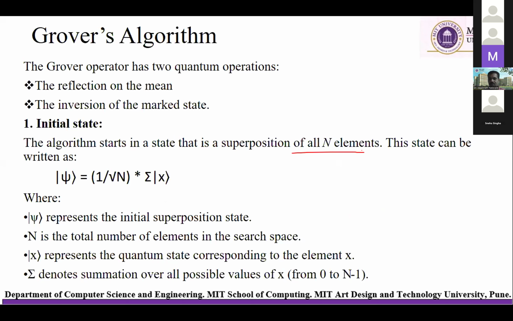This state can be written as ket psi equals 1 divided by the square root of n times the sum of ket x, where ket psi represents the initial state, n represents the total number of elements in the dataset, ket x represents the state corresponding to element x, and the summation is over all possible values of x from 0 to n minus 1. So this is the input state.